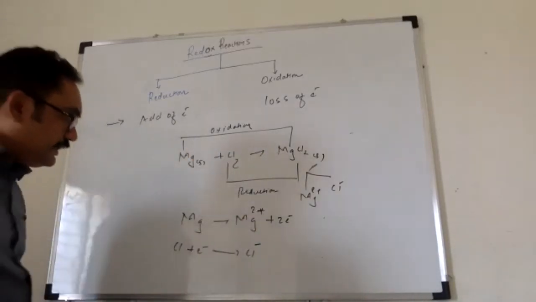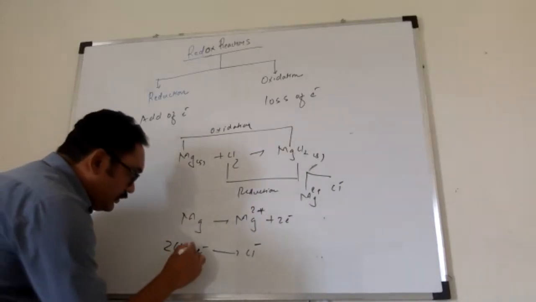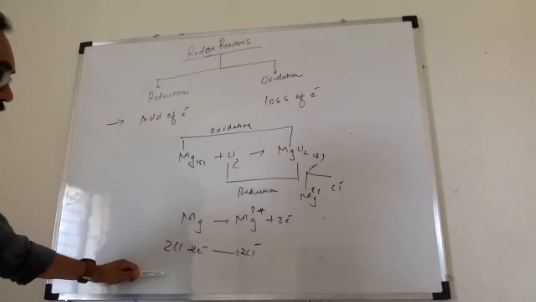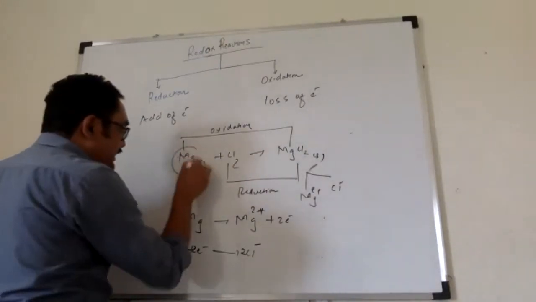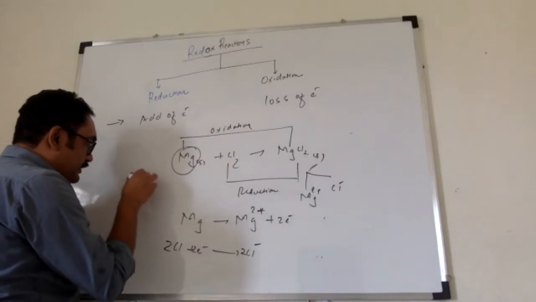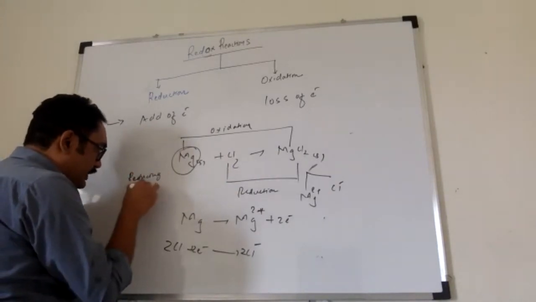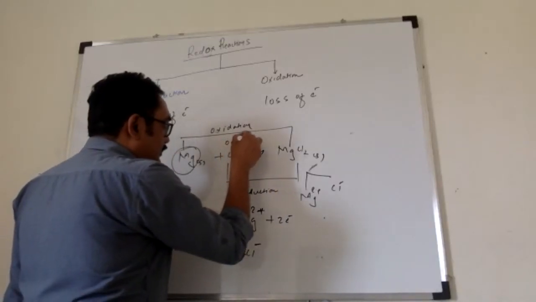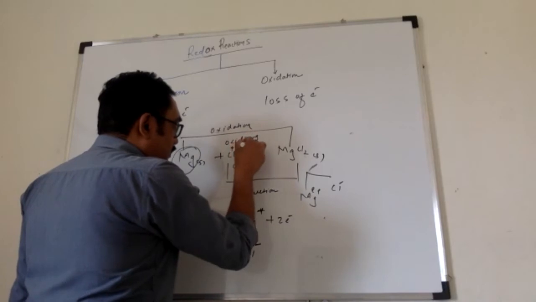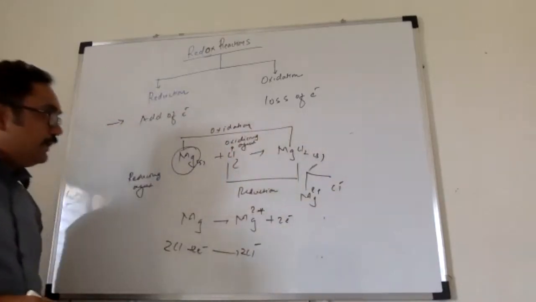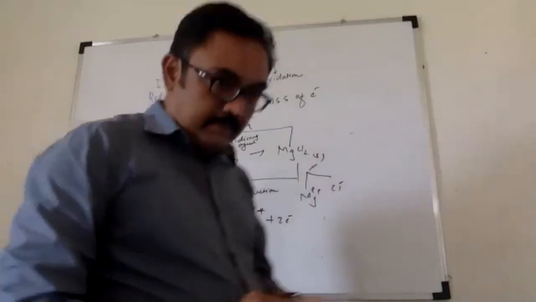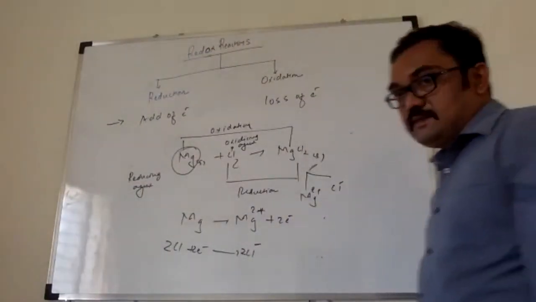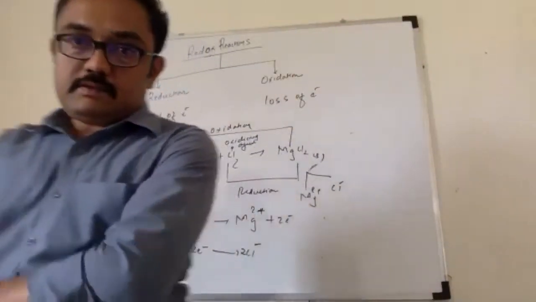As there are 2 chlorine in the equation, you can multiply this by 2. So this is oxidation, this is reduction. The Mg is the reducing agent here, and the chlorine is the oxidizing agent. Is this clear? Yes, sir.